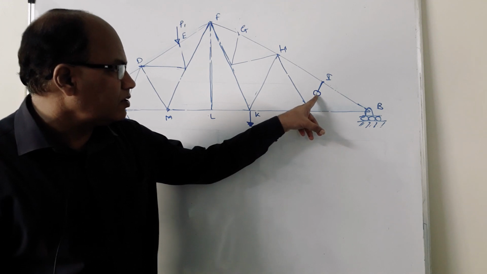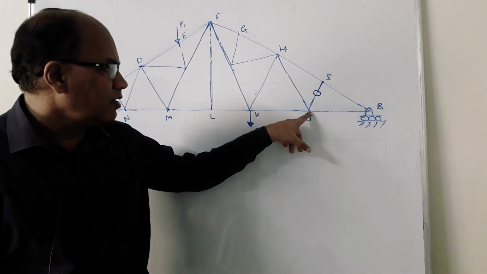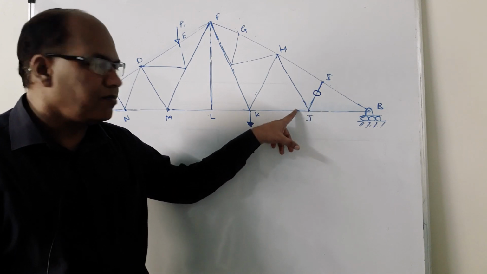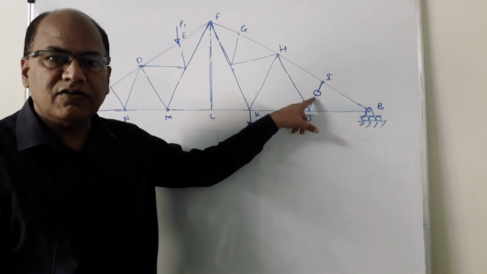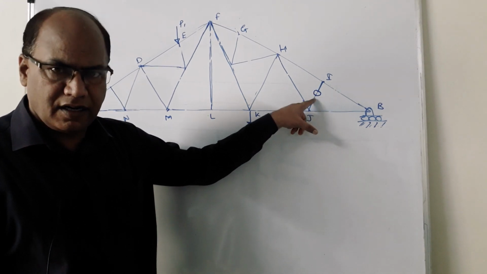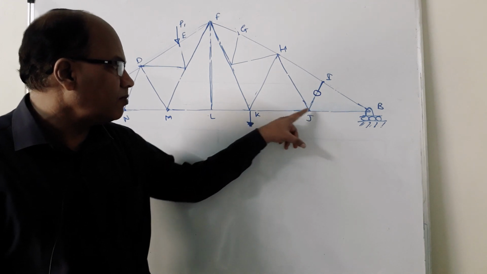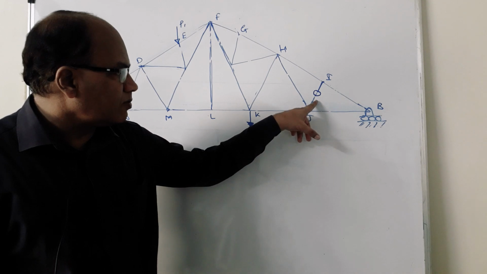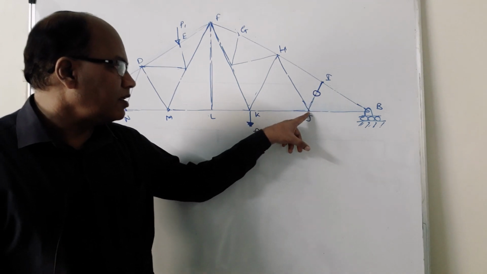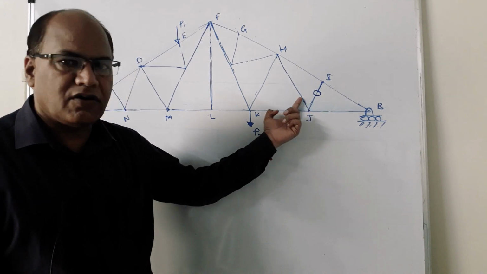Now I will go to this joint J. At joint J again, there are four members which are meeting. But out of these four members, one is already a zero force member which has been detected earlier. So if I neglect this zero force member, there are only three members remaining, out of which two are collinear and the third one is non-collinear.